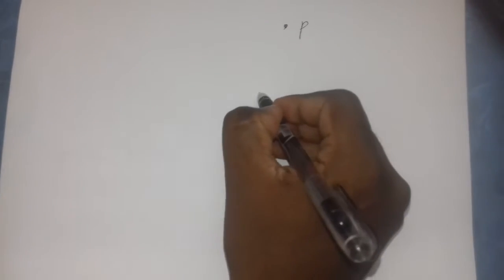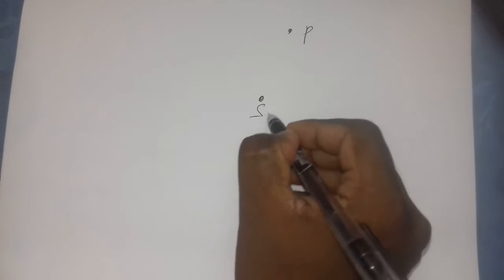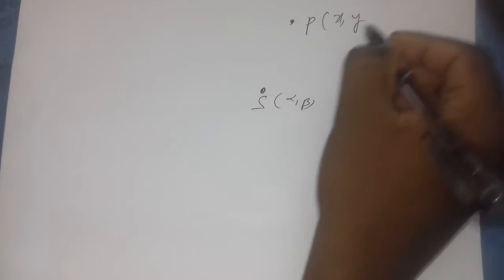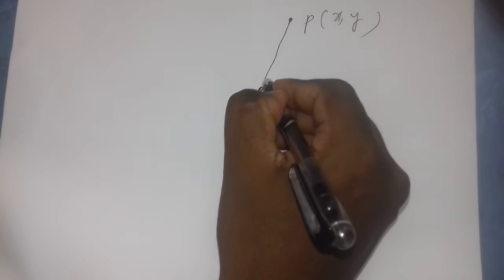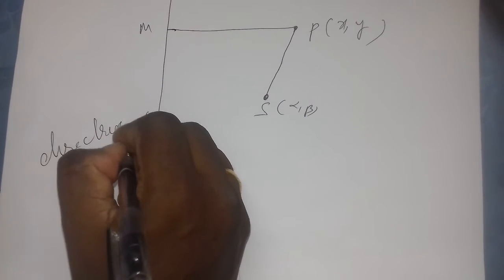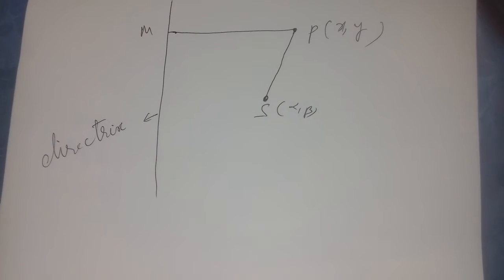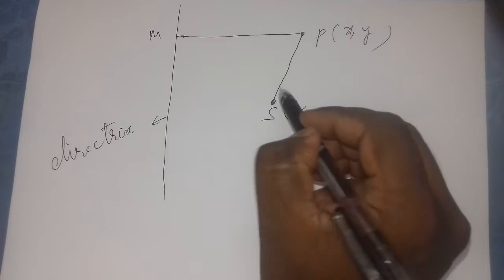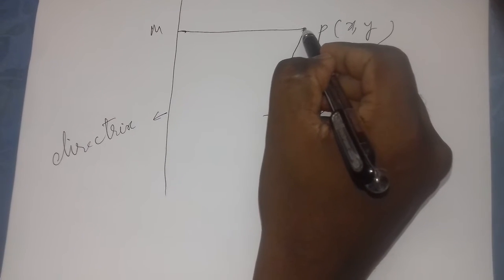So let us draw the same figure which we've drawn before. So I have a fixed point S. Let these coordinates be say alpha comma beta, and you have x comma y. So you have P, then you have the perpendicular distance to the directrix. This is the directrix, right? So for example, let us take this curve to be a parabola.